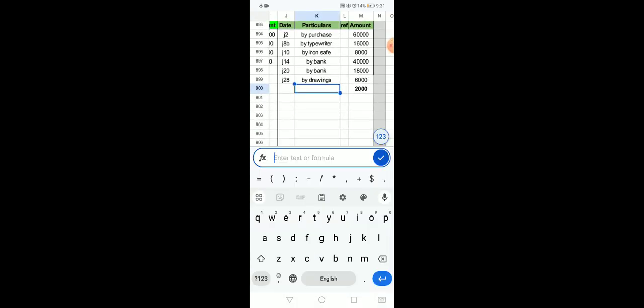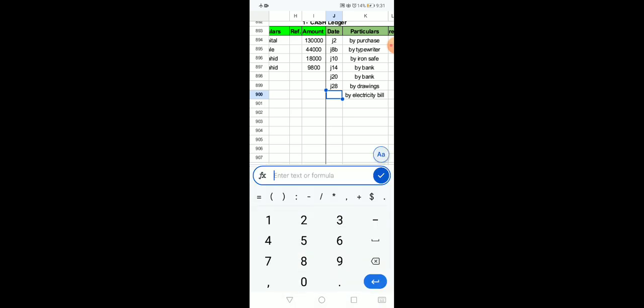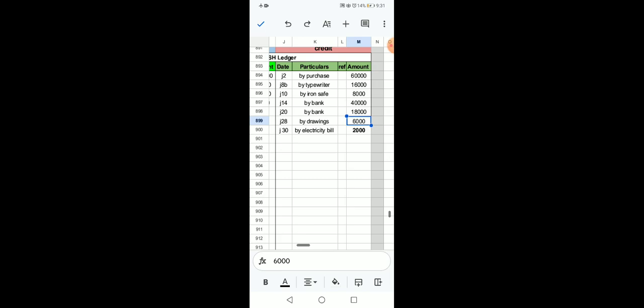So this will be used for reference with "By". Electricity bill would be the reference. See the electricity bill's date, January 30. So put the date in the date column, January 30. Here you have posted the January 30 entry. Let's see what is next.